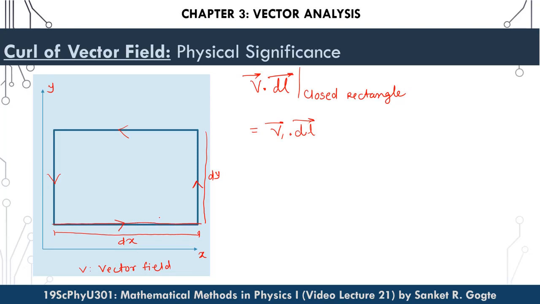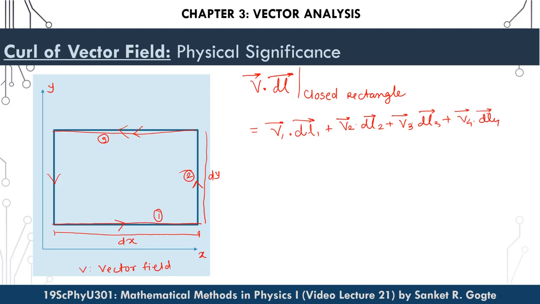Let me call that line 1, plus the second line, which is v2 dot dl2, plus this third line v3 dot dl3 plus v4 dot dl4.